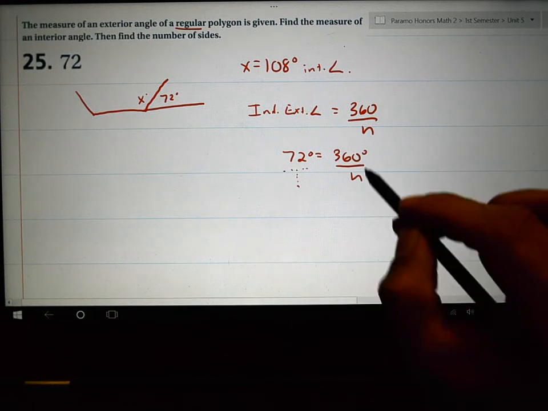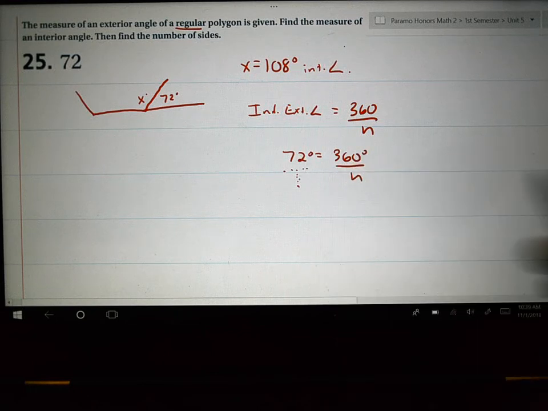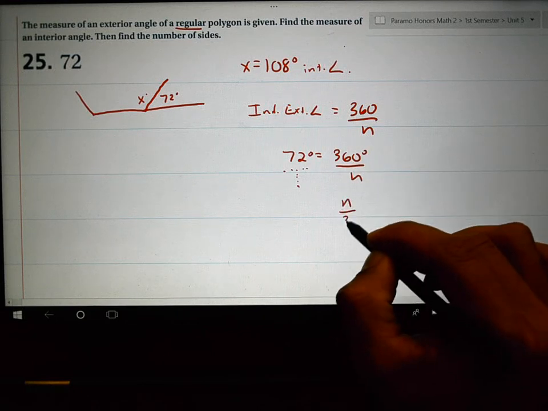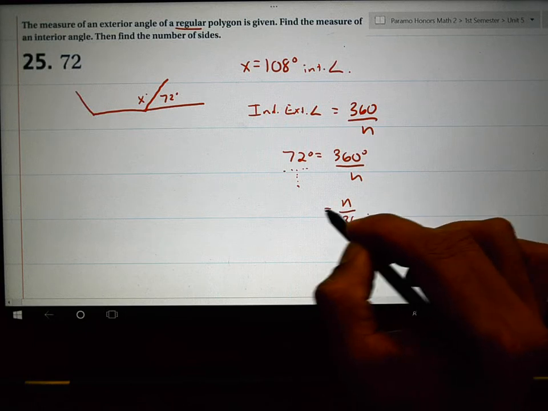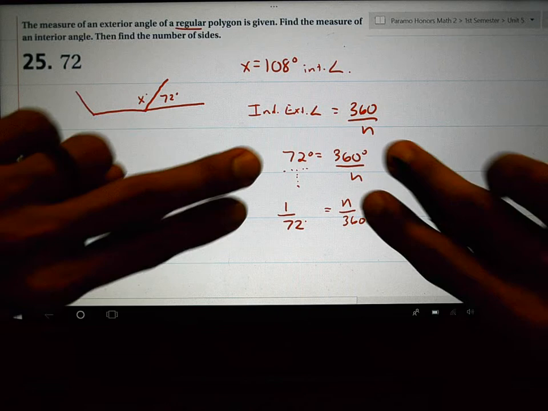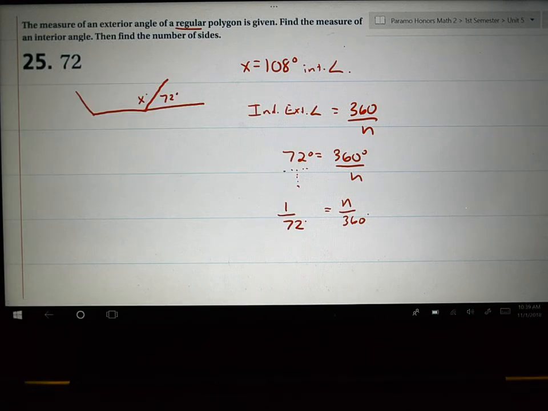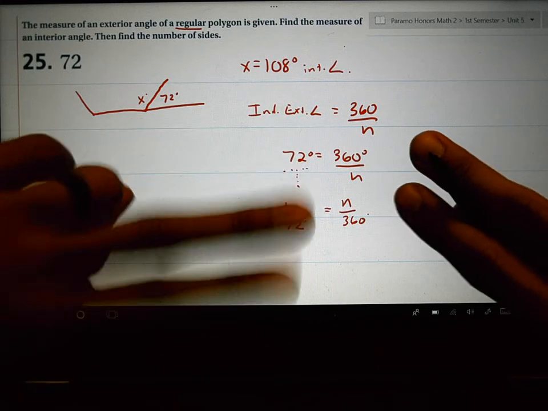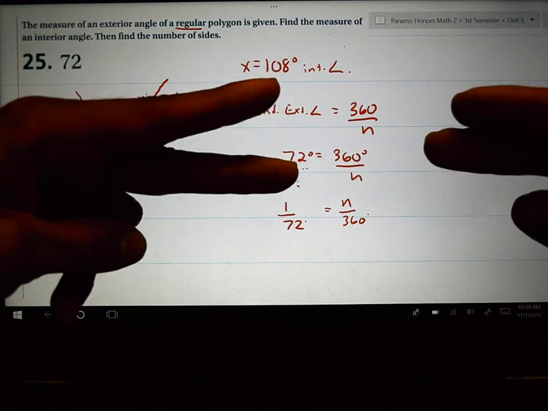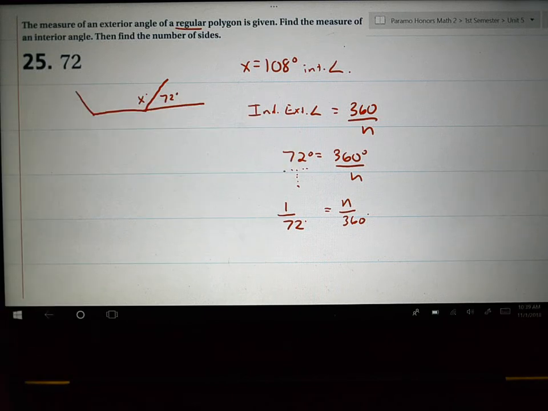If this is 360 divided by n equals 72 over 1, then that's the same thing as n divided by 360 equals 1 over 72. I'm just going to flip. If I flip the right and I flip the left, it's going to be the same. Think of it as 1/2 is equal to 2/4, and you flip it, and you have 2 over 1 is the same as 4 over 2. It works. You can flip both ratios, and it will still be equivalent.